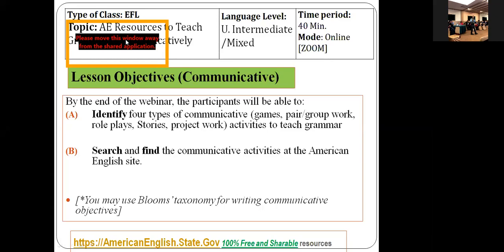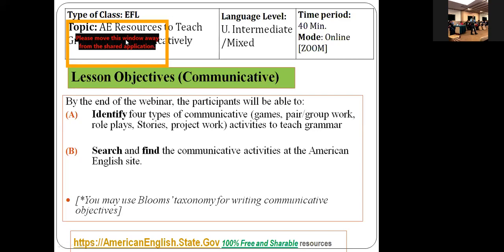The communicative objectives of this lesson are that the participants will be able to identify 4 types of communicative activities to teach grammar, for example games, pair work, role plays, stories, project work, etc., and search and find the communicative activities at the American English site. You may use Bloom's taxonomy for writing communicative objectives, which is very useful, and you may find it in a simple Google search.